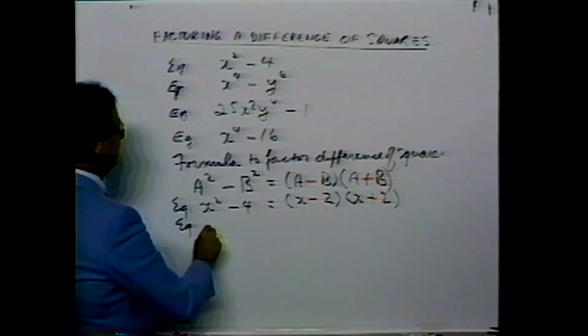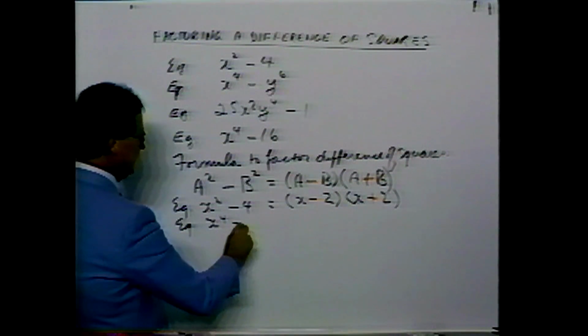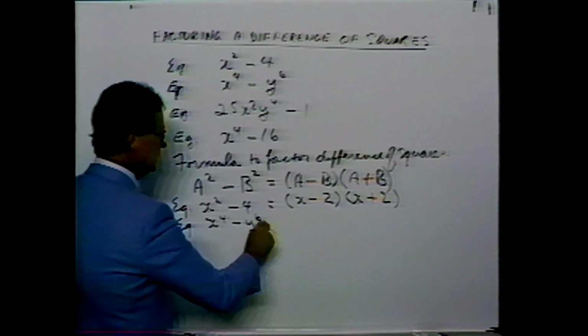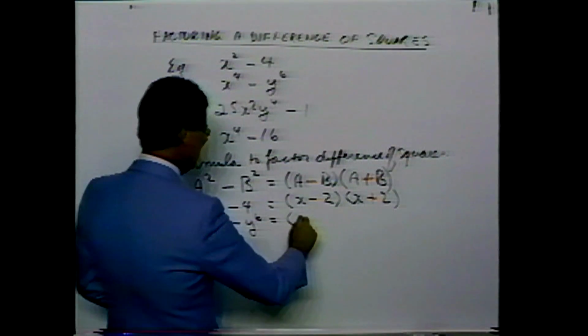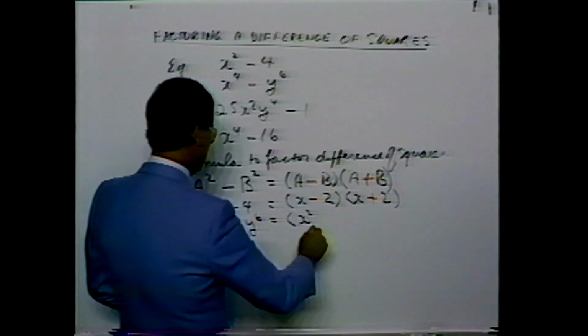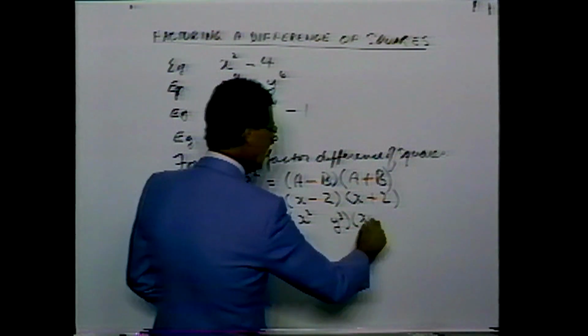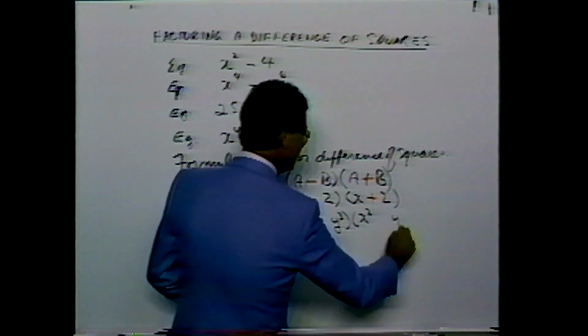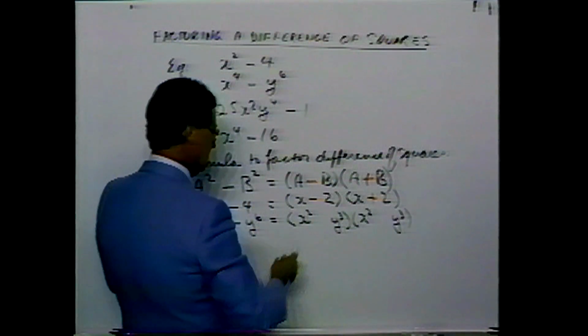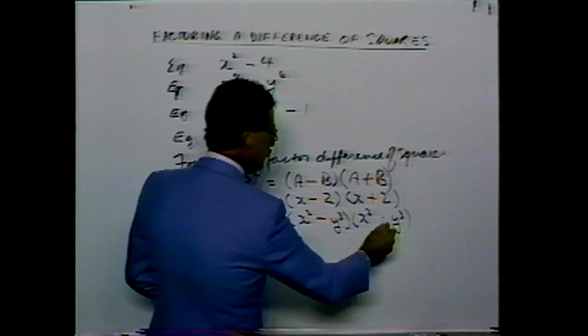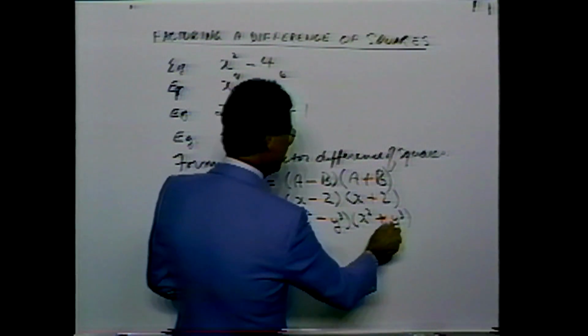The next example, x to the 4th minus y to the 6th is equal to x squared negative y to the 3rd followed by x squared plus y to the 3rd. Negative there and positive there. All other parts are the same.